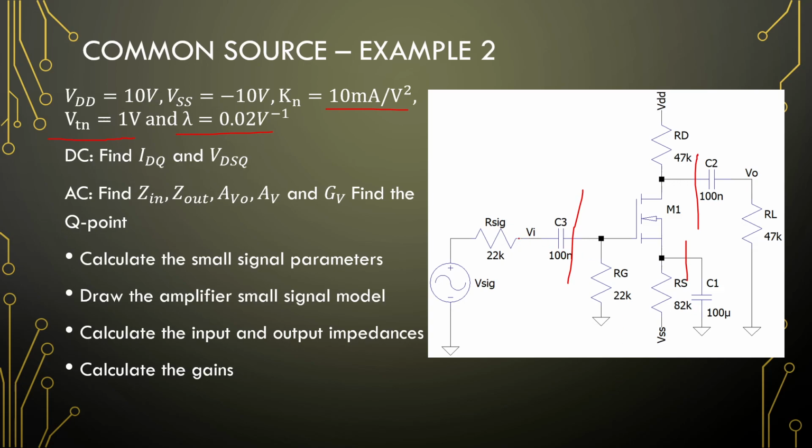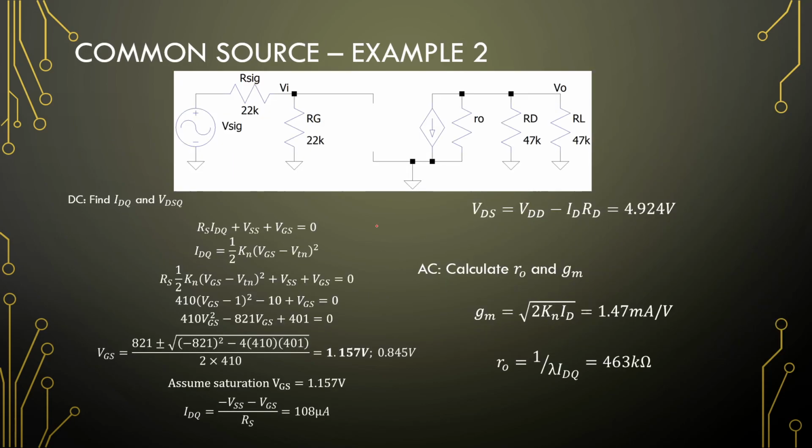And for the small signal model, if this becomes a short, it will be visible. If this becomes a short, this resistor will disappear, and that becomes a short, the load will be visible. Right, so small signal model, see no RS would be visible, RG is our input impedance, and RD is our output impedance, given that R out is fairly large.